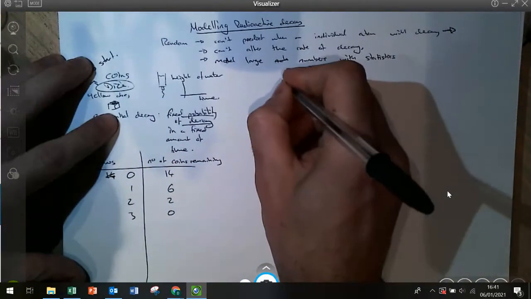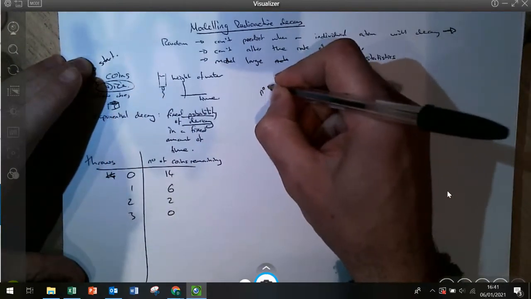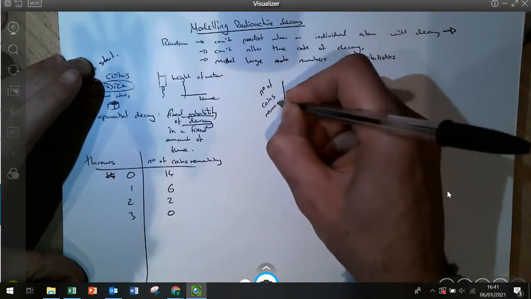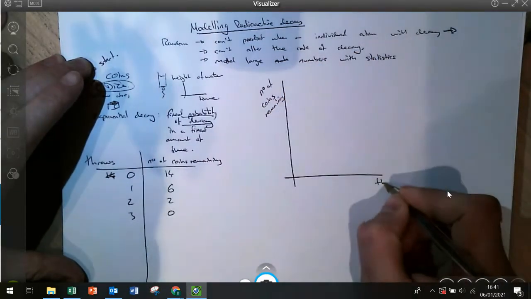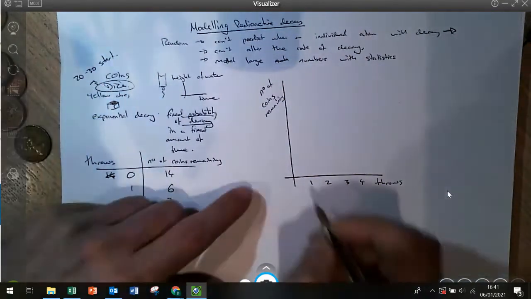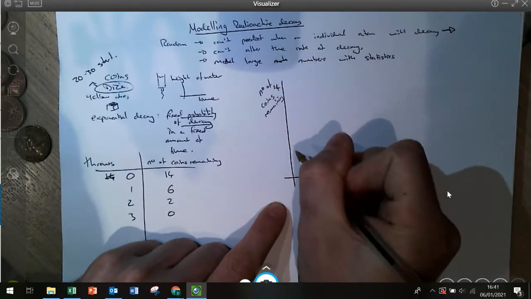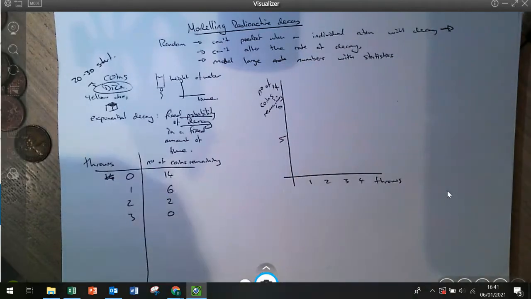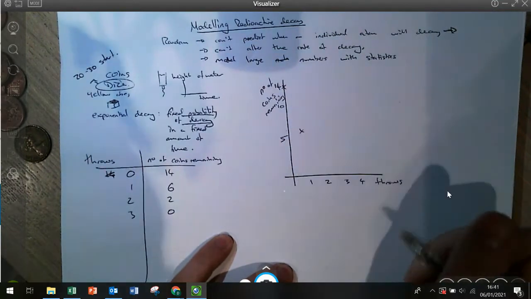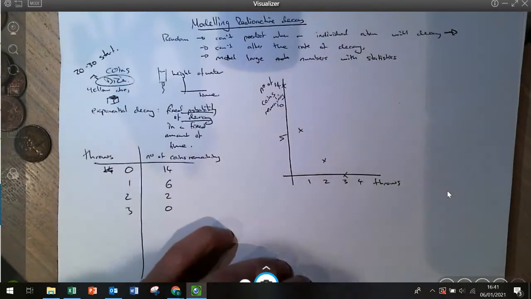So what you're then going to do is you will plot a graph of number of things left, so number of coins remaining, against number of throws. So this will obviously be 1, 2, 3, 4, etc. And this will be starting at whatever I started at, 14, etc. So obviously this graph is not going to give me a particularly good set of results, okay, because it decayed so quickly.